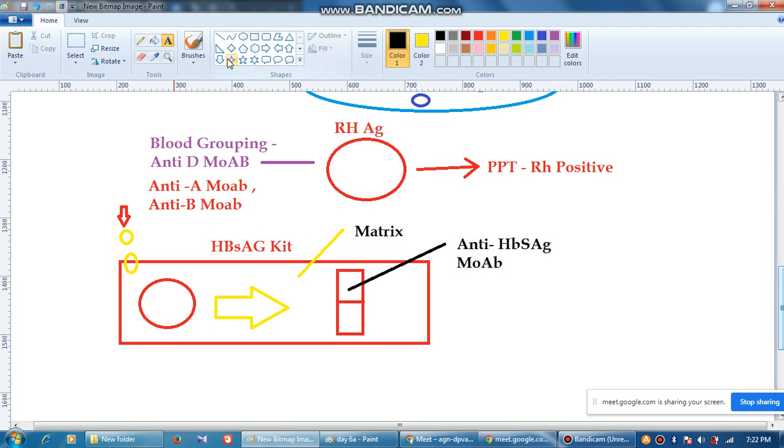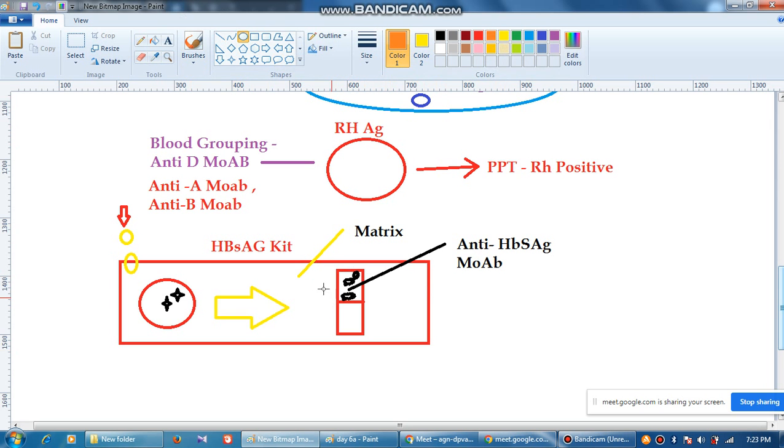If the antigen is present here, consider that this is the specific antigen for hepatitis B, then there will be coagulation in this window, which will be visible, and a particular color will be precipitated, and there will be a particular spot.